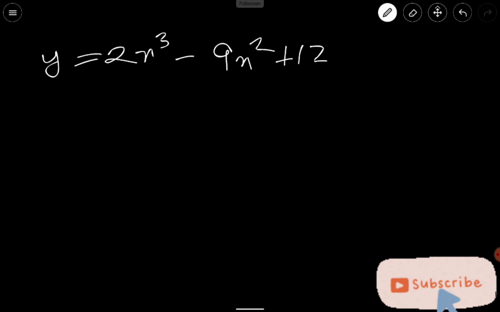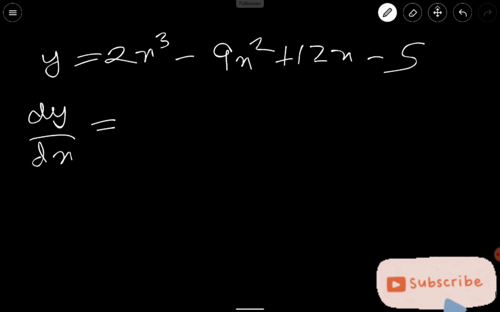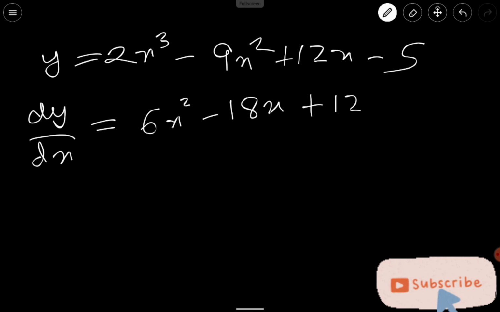So let us do an example so that this becomes more clear to us. We have y is equal to 2x cubed minus 9x squared plus 12x minus 5. So here dy/dx is equal to 6x squared minus 18x plus 12. And here we can find the turning points by factorizing it.